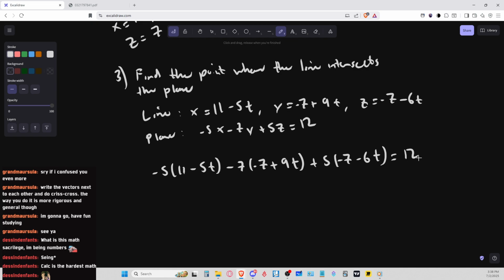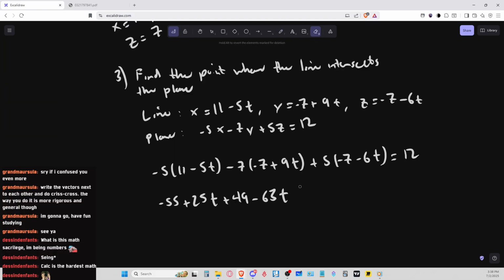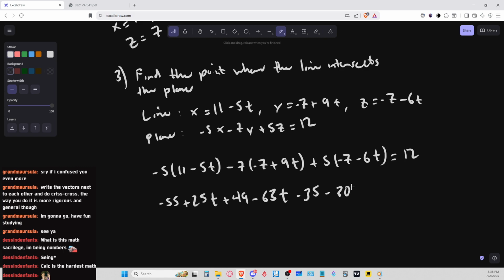Okay, 55, 25t, 45, negative 63. No, that's not a plus. So negative 35. Negative 30t, 12.